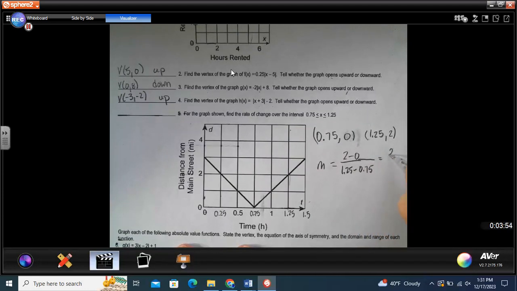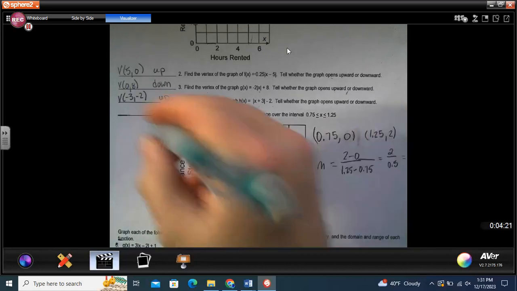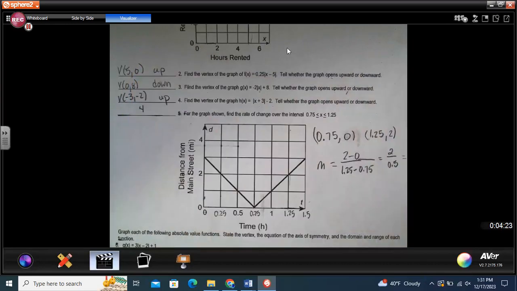So that is 2 over 0.5, which I'm pretty sure is 10, but because it's Sunday, I'm going to check. And it's a good thing I did because it's not 10, it's 4. Silly goose. So the average rate of change on that interval is 4.